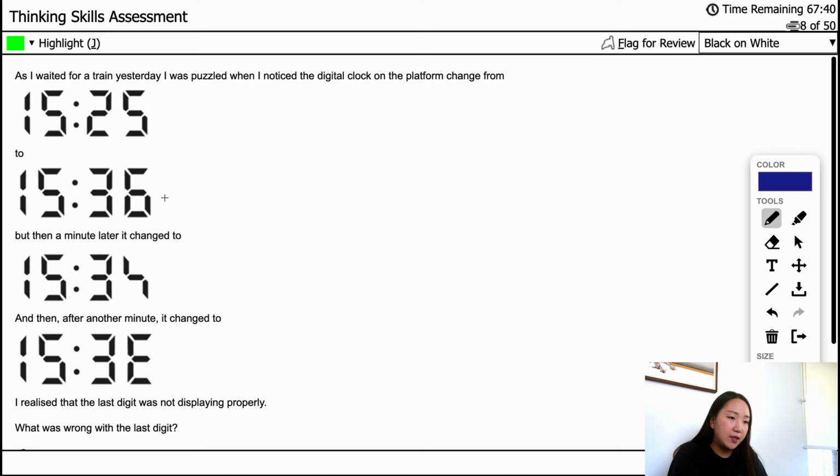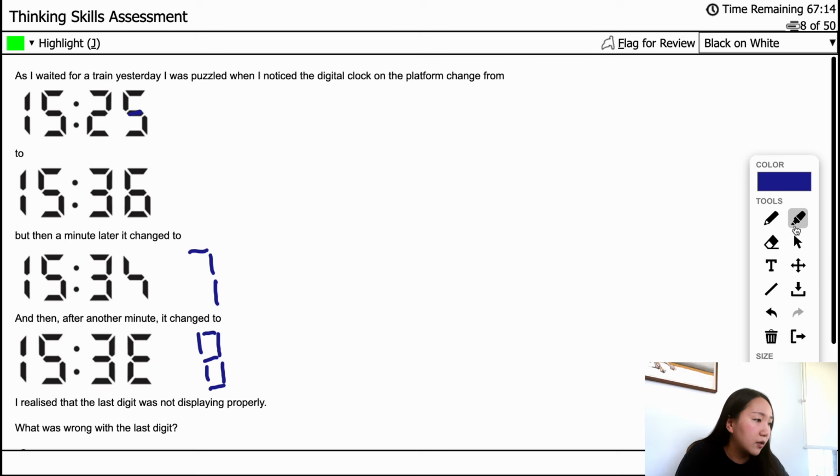So from 15:36, this should have become obviously that, and then a minute later it should have become that. So it hasn't. From this, we know that some are permanently on, some are permanently off. Let's figure out which ones have been on all four times. So that would be this middle one here. Let me try and do that in a different color, actually. This middle bar here has been on every time.